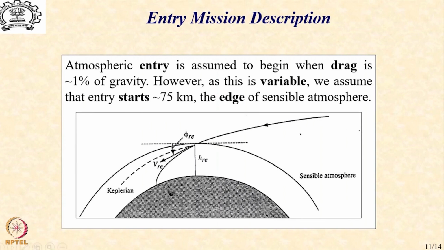So we now draw a boundary of what we call the sensible atmosphere and show you the same picture with respect to the local horizon and the entry elevation angle phi re and the entry velocity VRE.